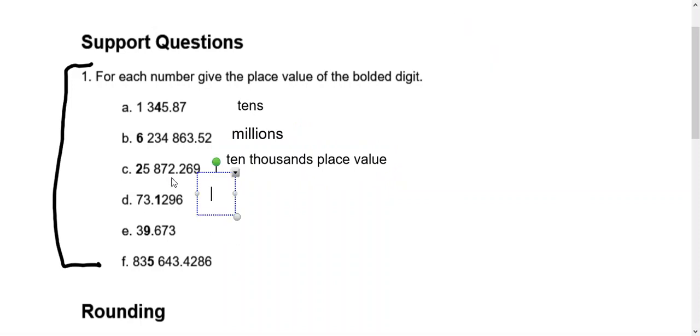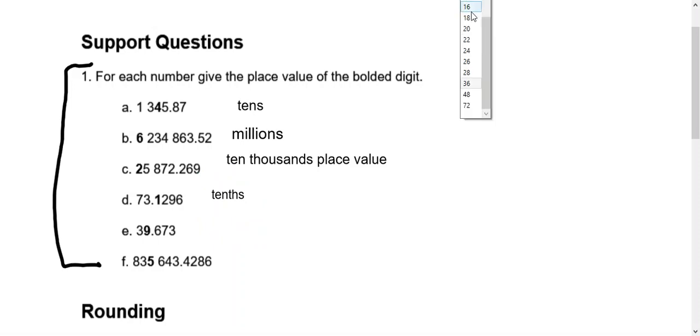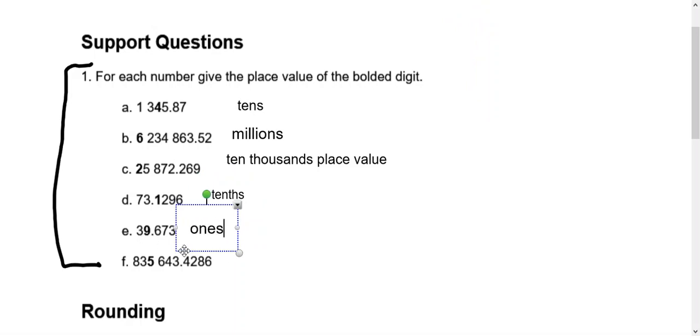This one, I look at the place value. There it is. It's one spot to the right, so this is the tenths spot. Any number to the right of the decimal will have this TH ending on it, and that's similar to all the things we've done before. This is the ones spot, so it's one spot past the decimal.